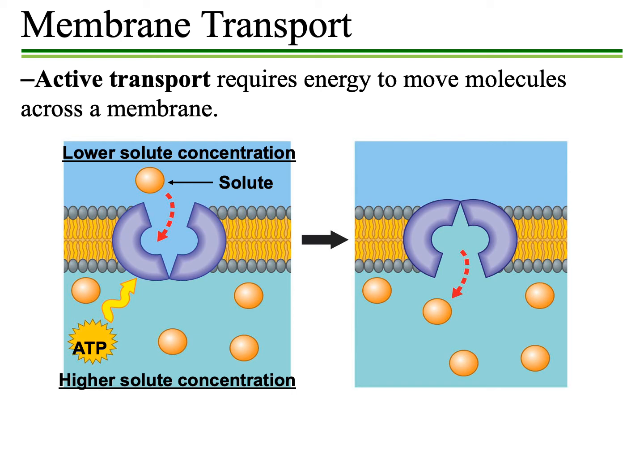So in the figure, what you're seeing is that energy in the form of ATP, which hopefully you are familiar with as the main energy source for the cell, and we will talk about that at the tail end of this unit. But for now, just know that that is the energy molecule that provides the energy for the movement to occur, and that movement is usually due to a change in the shape of the protein that is transporting the molecule in question.